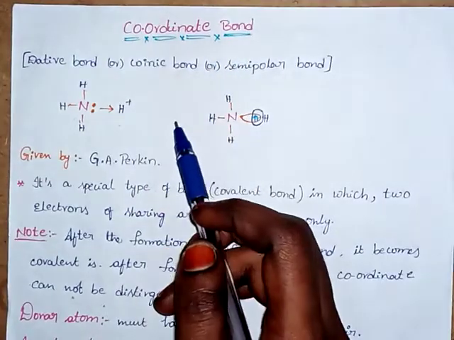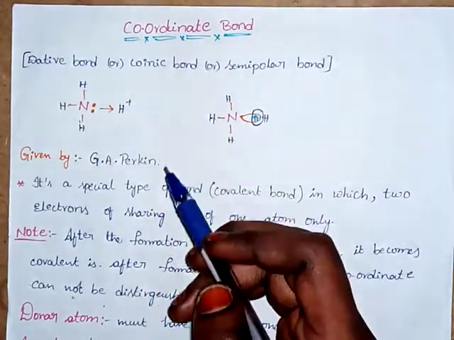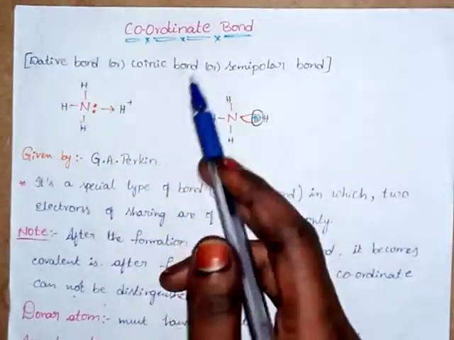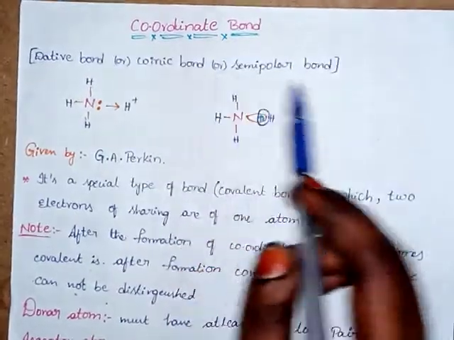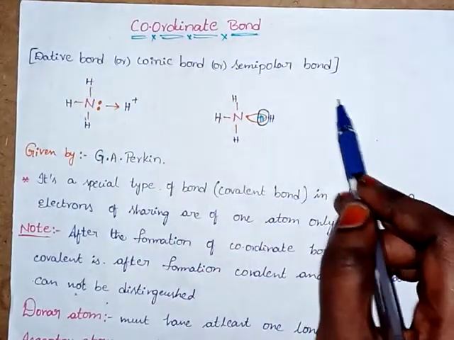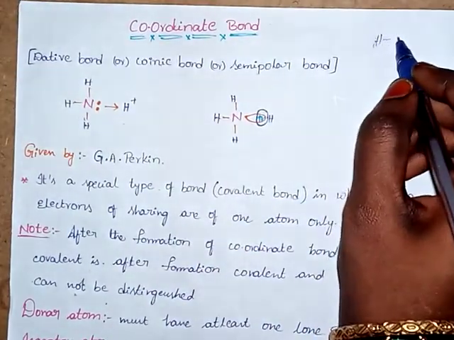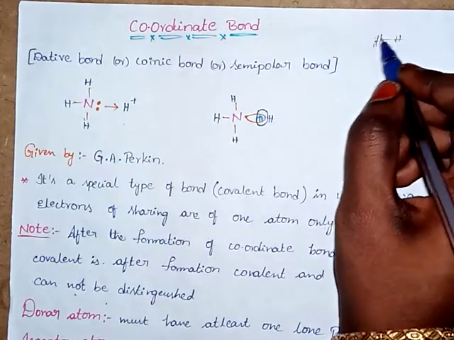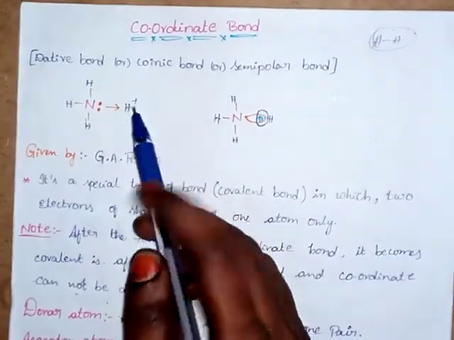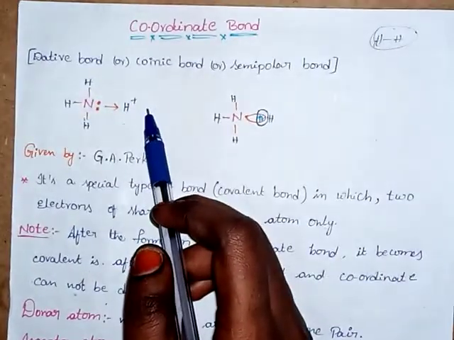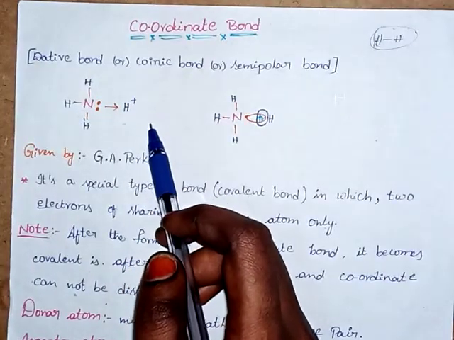What is the meaning of a covalent bond? We already discussed it in our previous videos. Covalent bond means both atoms share electrons. One electron is shared with another electron, mutual sharing. But a coordinate bond is a little different.